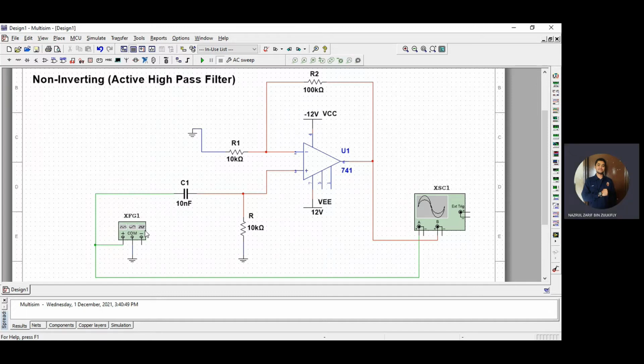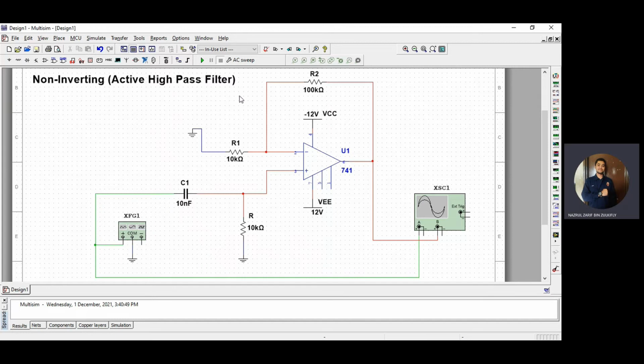This is the function generator, which we use to create the signal wave, and this is the oscilloscope, which we want to use to measure the output signal and the input signal. The operational amplifier that we use is 741.